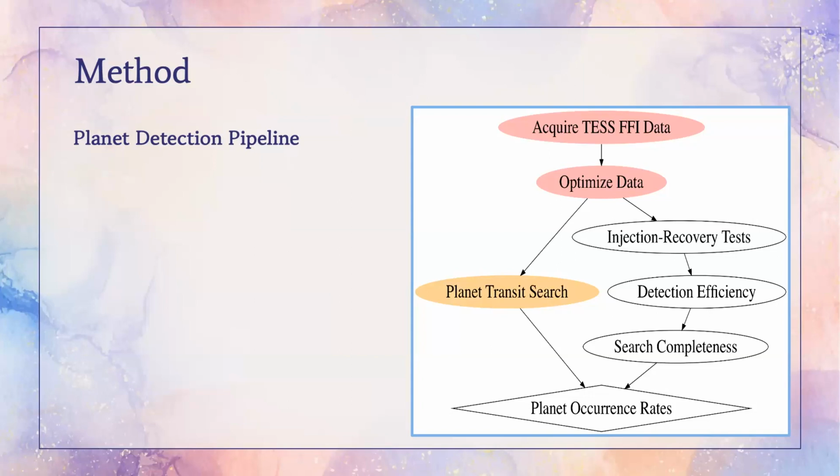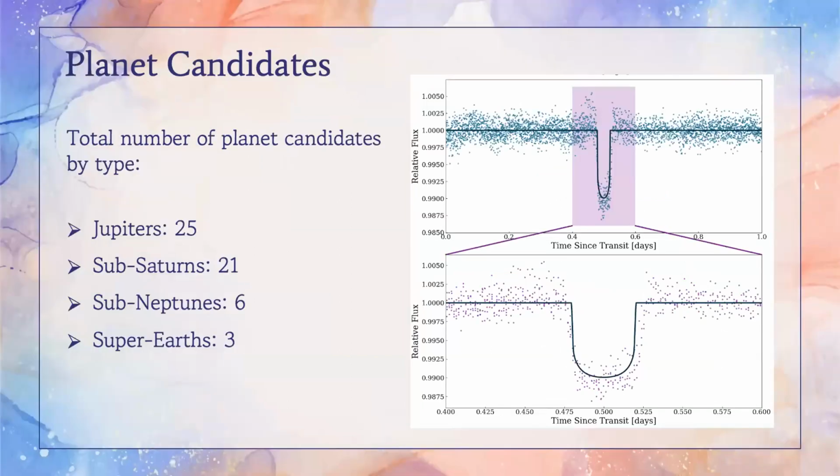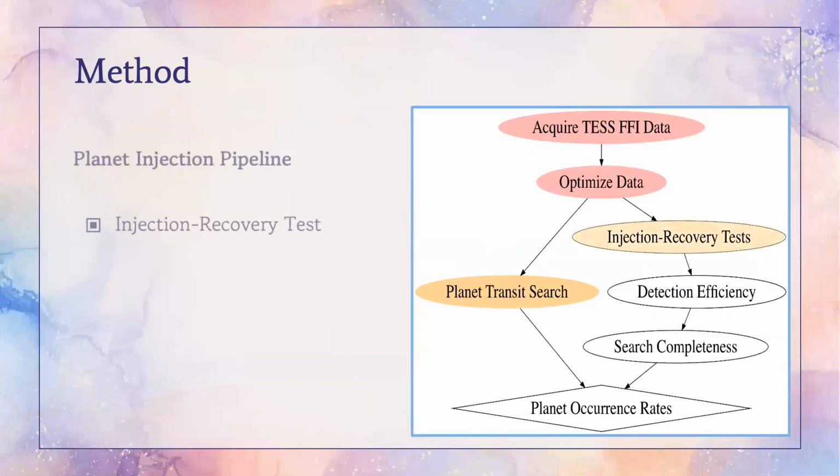And from this sample, we were able to get quite a few planet candidates in a variety of different planet types, which was great for the study that we're trying to do. And then on the other side of things, we need to make sure that we get our search completeness, because that's a crucial part of determining our planet occurrence rates. So we do injection and recovery tests.